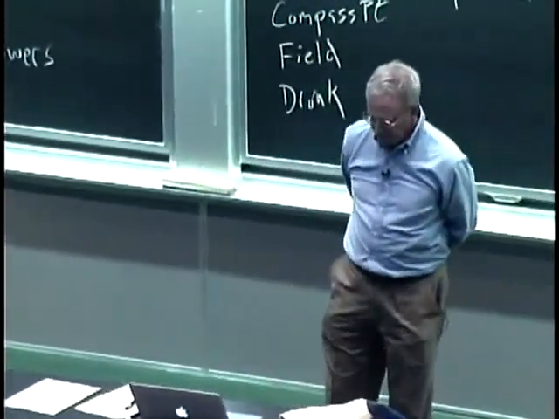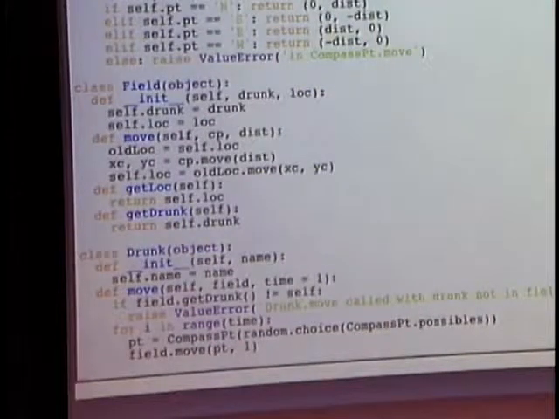So field, it's got an init. It takes a self, a drunk, and a location, and puts the drunk in the field at that location. It can move. So let's look at what happens when we try and move self in some direction, in some distance. We say the old location is the current location. And then xc and yc, think of that as x change and y change, get cp dot move of dist.